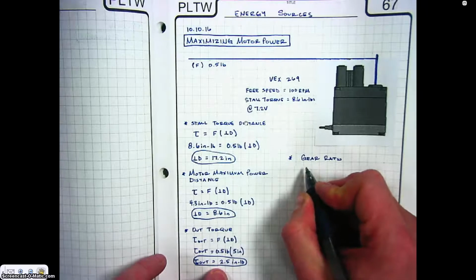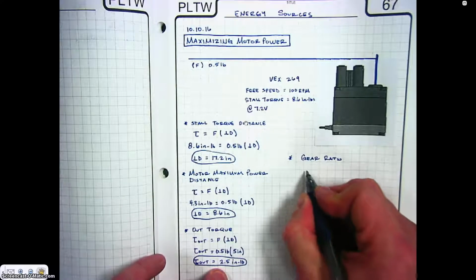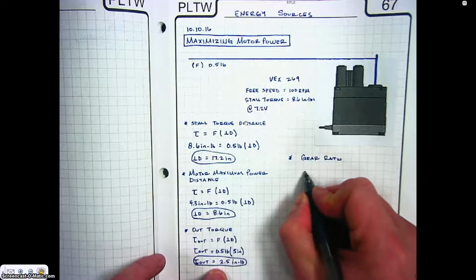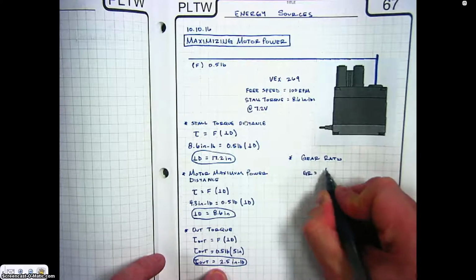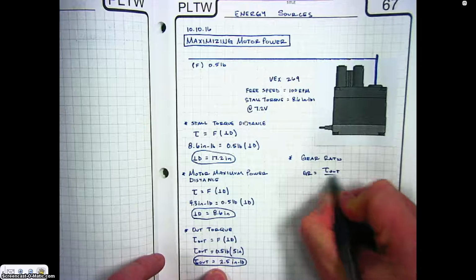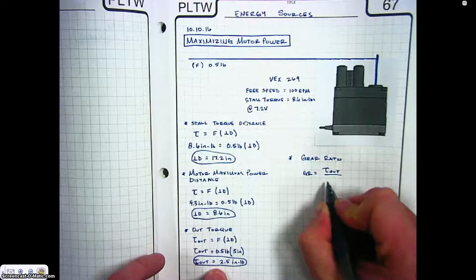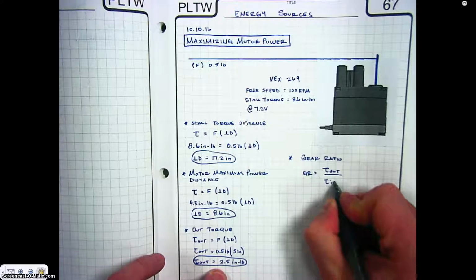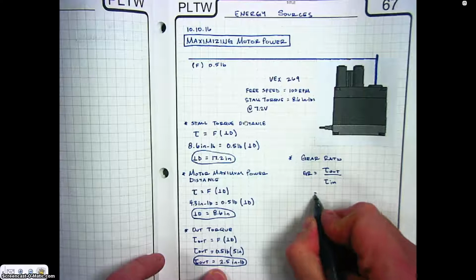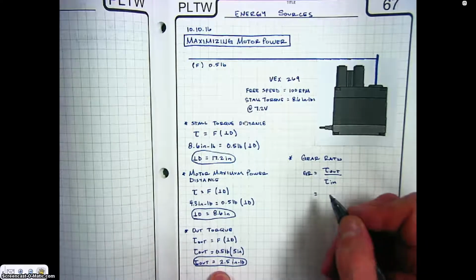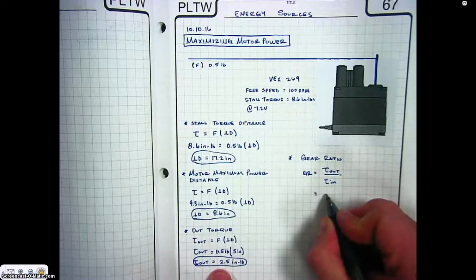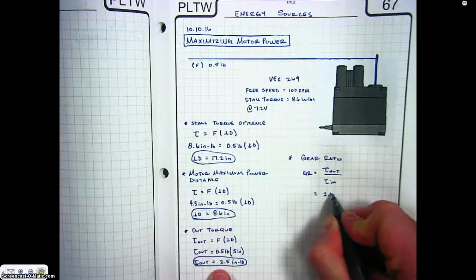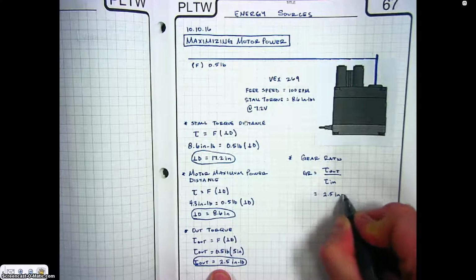All right, so in this case, gear ratio, remember from our mechanisms unit, gear ratio is equal to torque out divided by torque in. Torque out in this case, what we want to get out of the system is 2.5 inch-pounds. So I'm going to go ahead and put that in. We want 2.5 inch-pounds.